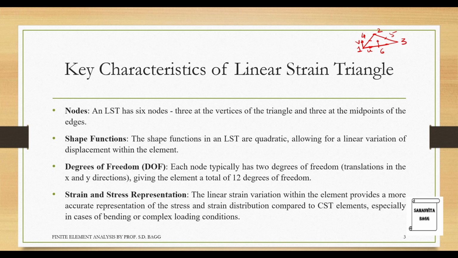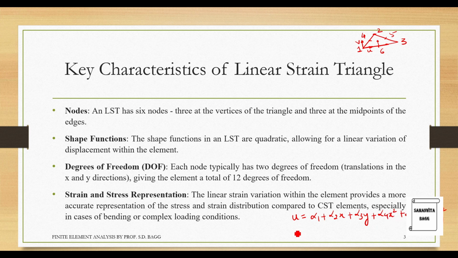Strain and stress representation. The linear strain variation within the element provides a more accurate representation of the stress and strain distribution compared to CST elements, especially in cases of bending or complex loading conditions. Now, the displacement equation for an LST along the x-axis, u, is given as alpha 1 plus alpha 2x plus alpha 3y plus alpha 4x squared.